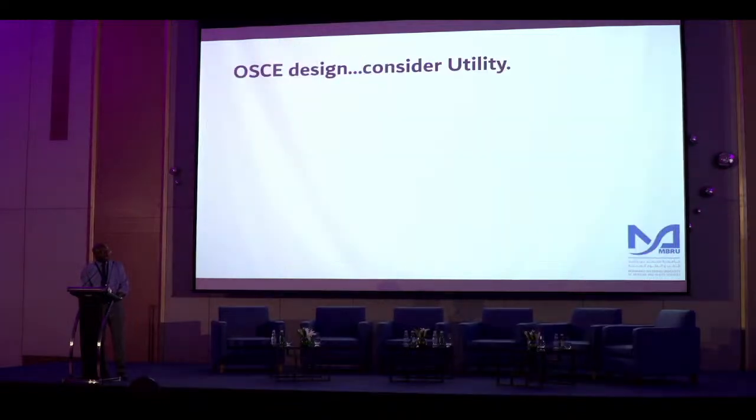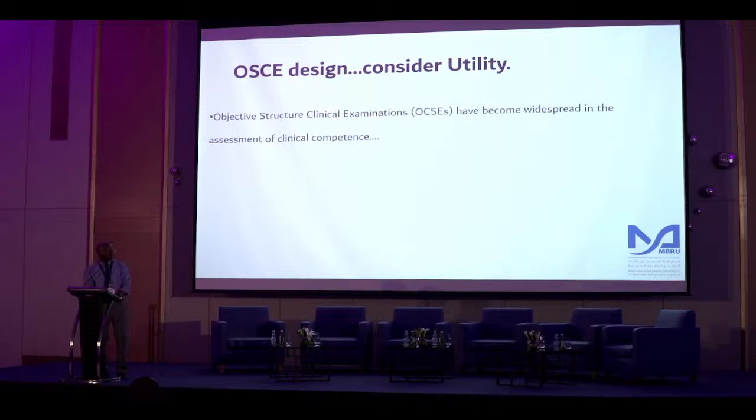So my take-home message here is that if you design an OSCE, you need to think about whether it requires 1, 2, or 3 domains. If you're testing clinical competence, then as much as possible, it should require the candidate to use 3 of the domains of learning. We've used that mostly in assessment of clinical competence.